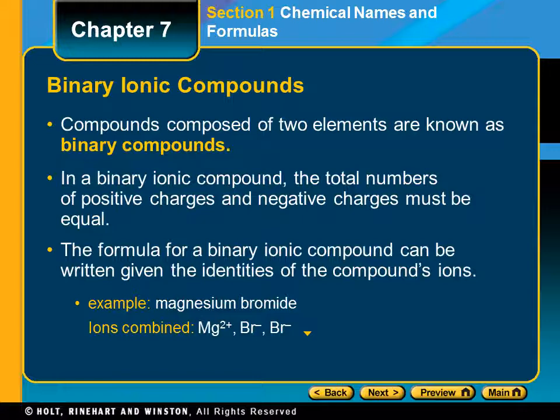So it's going to be magnesium, right? And it's going to be bromine. If you know that magnesium is going to form +2, then you know that you're going to need 2 bromines to cancel out that charge. And your chemical formula is going to be MgBr2.